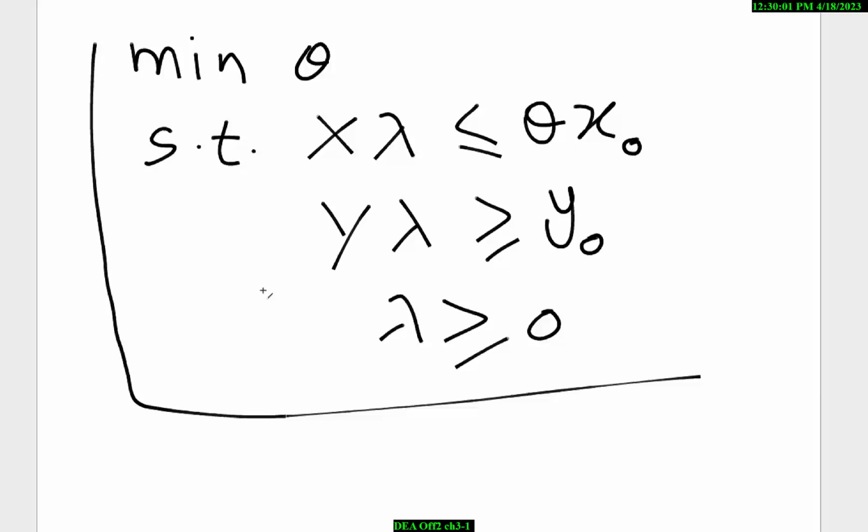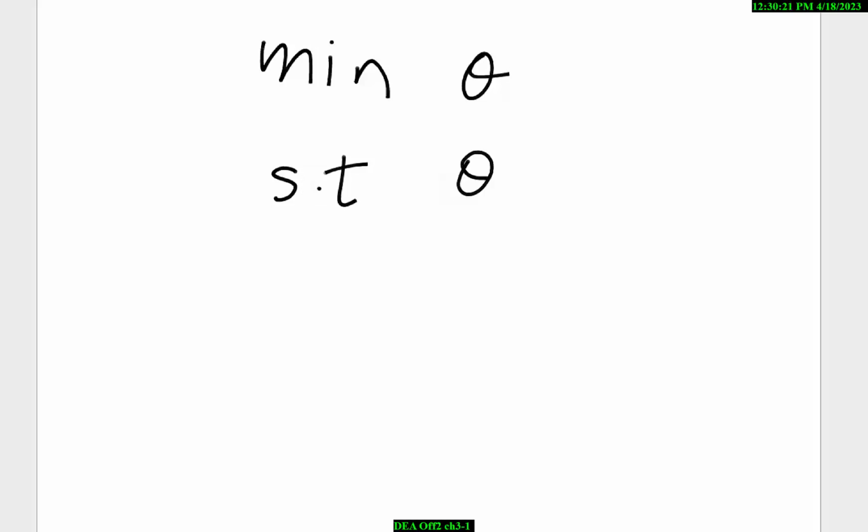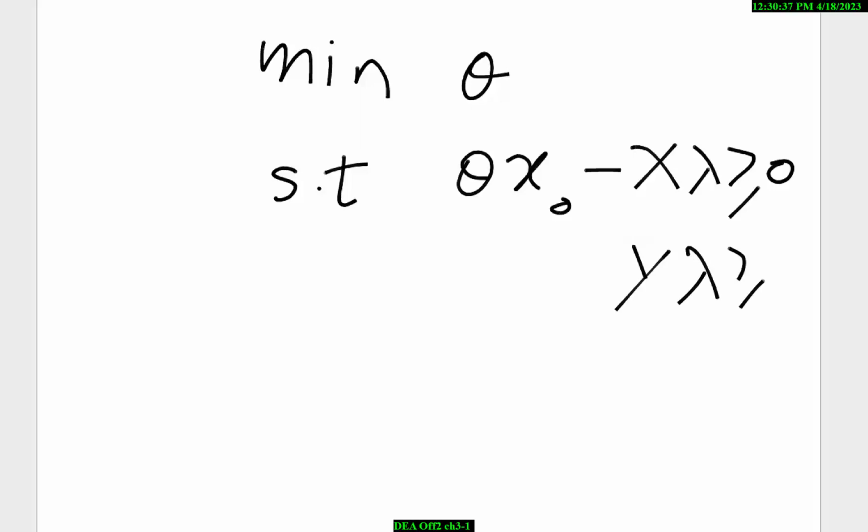For this purpose, we rewrite this model as minimize theta, where theta x o minus x lambda is bigger than or equal to 0, lambda is non-negative, but theta is unrestricted in sign.